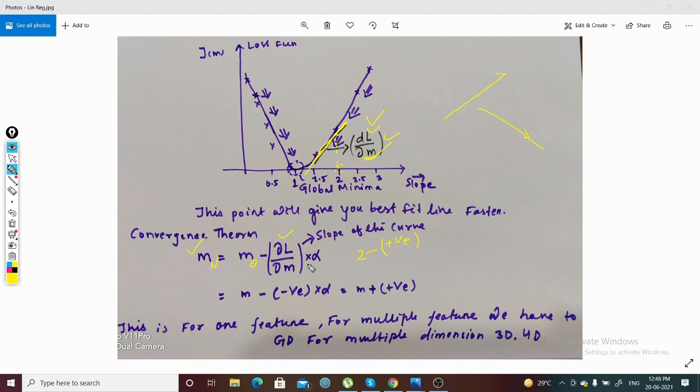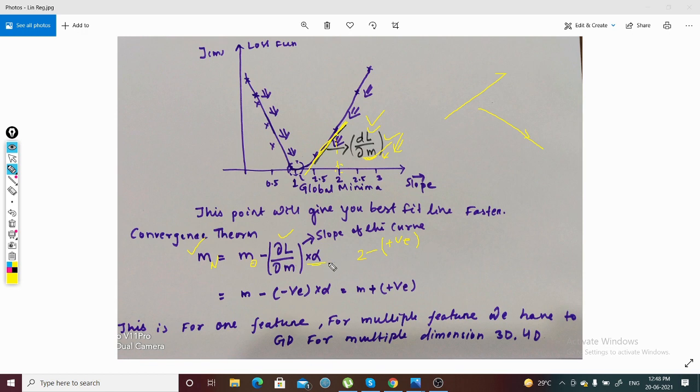And there is some learning rate. Learning rate means the step size, how quickly we converge to the global minima. It controls our process of reaching the global minima. It is a hyperparameter tuning value.